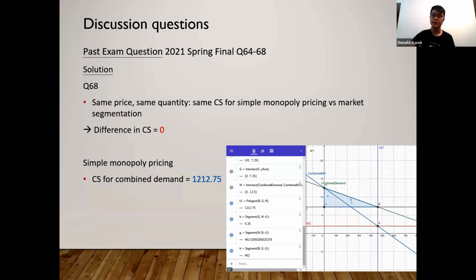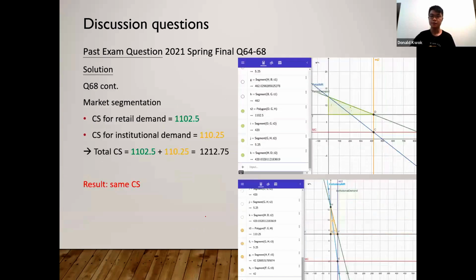Or if you're not convinced by what I've just explained, you can manually find the area of consumer surplus in these cases. Under simple monopoly pricing, we use the combined demand curve, and we can find the consumer surplus is this blue triangle. The corresponding consumer surplus is 1,212.75. How about under market segmentation? Then we just need to find the consumer surplus for the retail traders and for the institutional traders respectively.